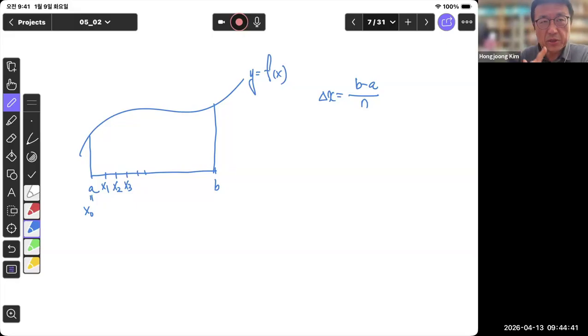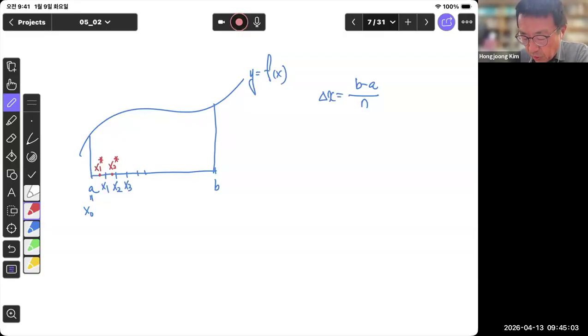Okay. And then between x0 and x1, you choose any arbitrary point, say x1 star. Between x1 and x2, you select an arbitrary point, say x2 star. At each x1 star or x2 star, you evaluate your function.